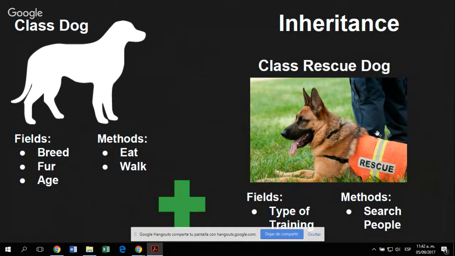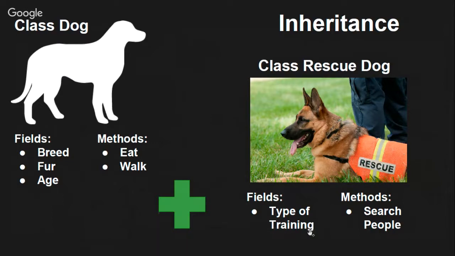A rescue dog is a dog too, so we can inherit all the fields and methods that a dog already has. And we can add new fields and new methods. We are going to add the type of training of this rescue dog and methods that, for example, search for people to save them, right?